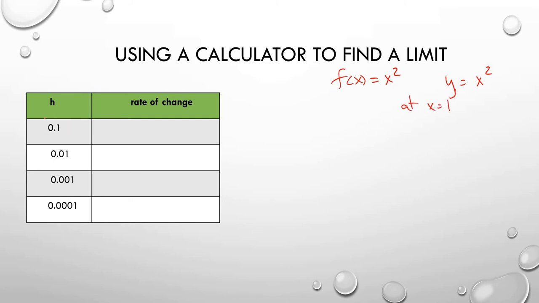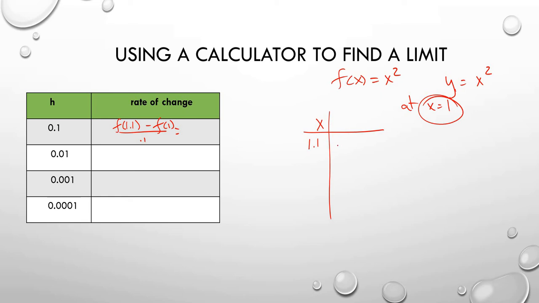So using an h of 0.1 in my calculator on your table, we want to first of all find the value of f(1.1). In other words, my rate of change here is going to be f of a, that's my 1, plus h, minus f of a, over h.